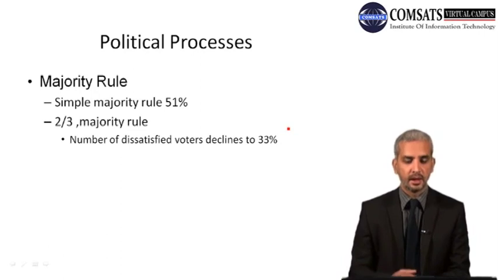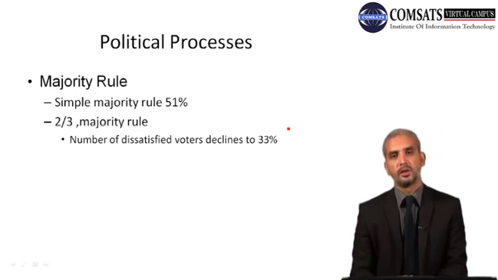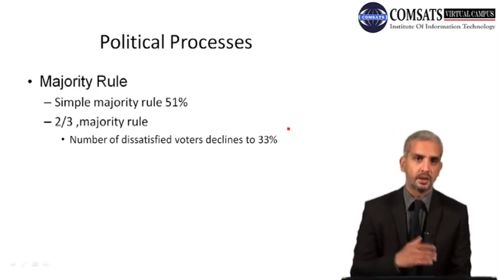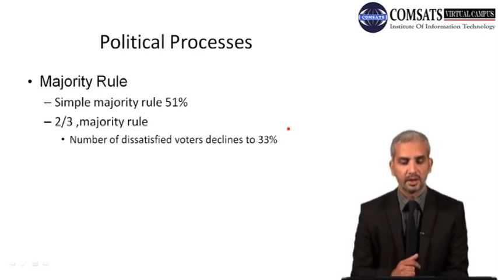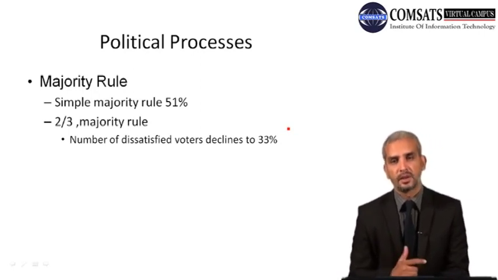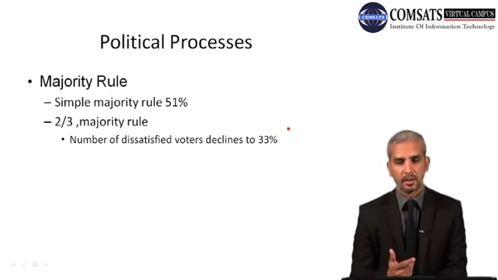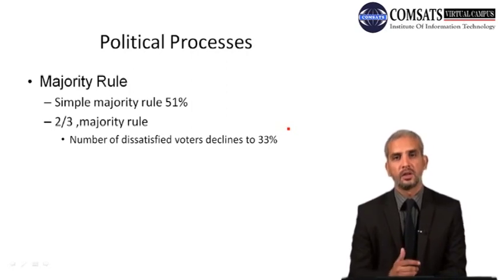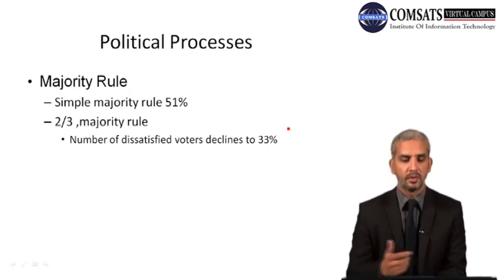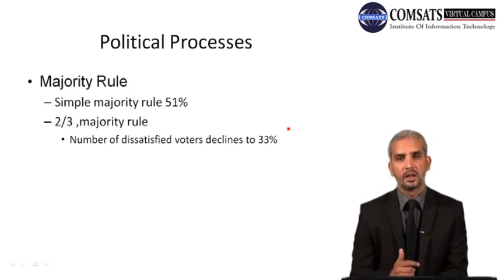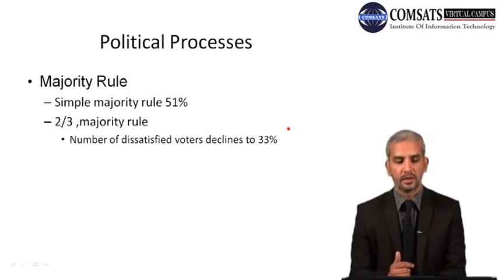Now then there is a majority rule. Simple majority rule was the case which we discussed in the earlier process, in which 51% of the individuals voting would represent that the alternative is chosen, or the political decision or the political outcome would be based on 51% of the individuals. This is the simple majority rule.